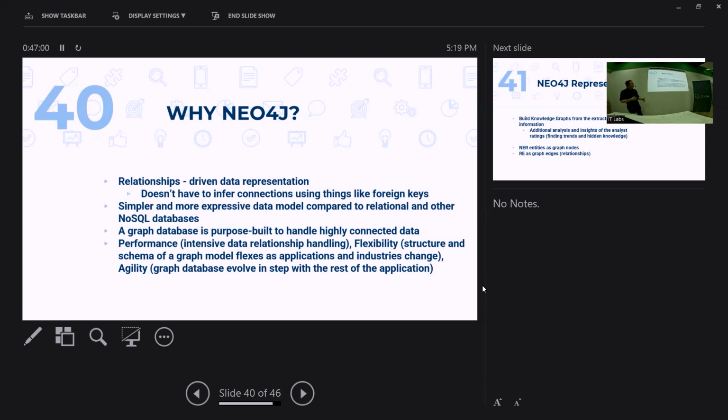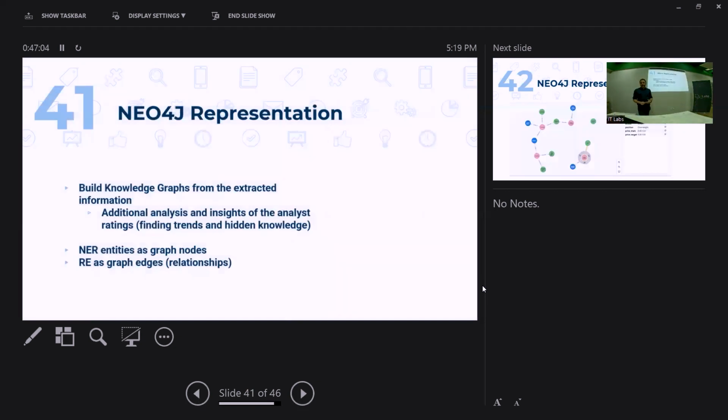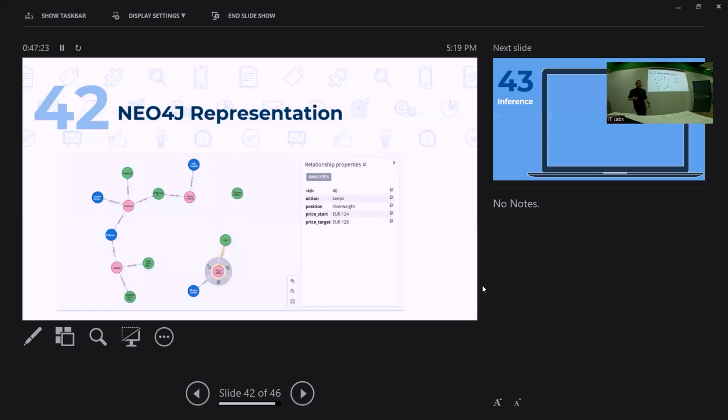It has flexibility, agility, performance, and so on. So we try to build the knowledge graphs using the two components, NER and RE. The NER entities are the graph nodes, and the relations are the edges that make the relationship between the nodes. This is in the starting phase.